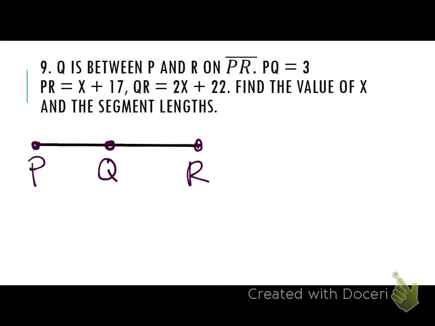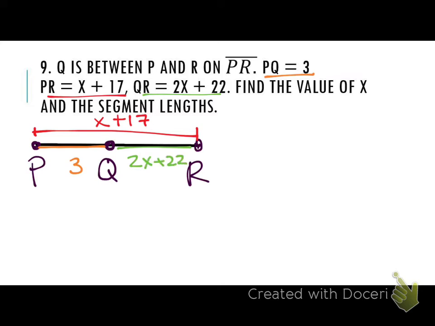It says PQ is 3. Then it says PR is x plus 17. And then QR is 2x plus 22.